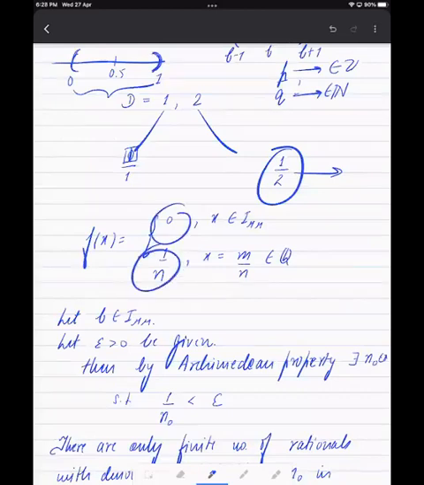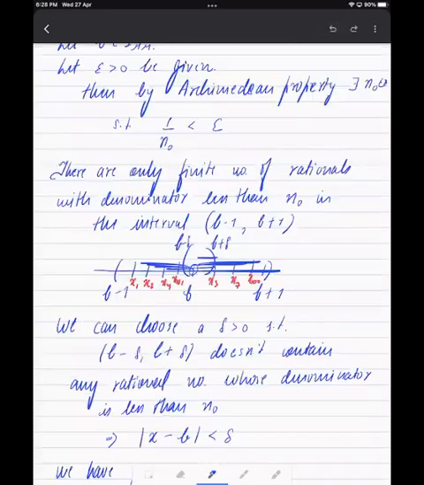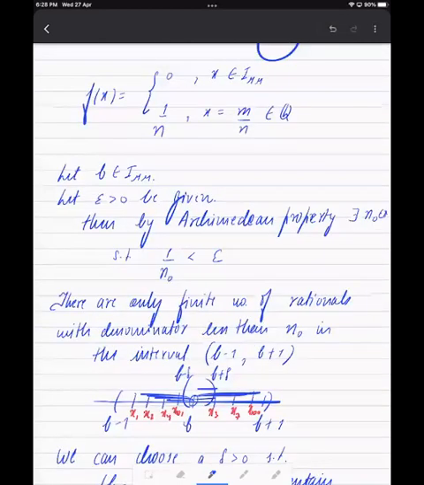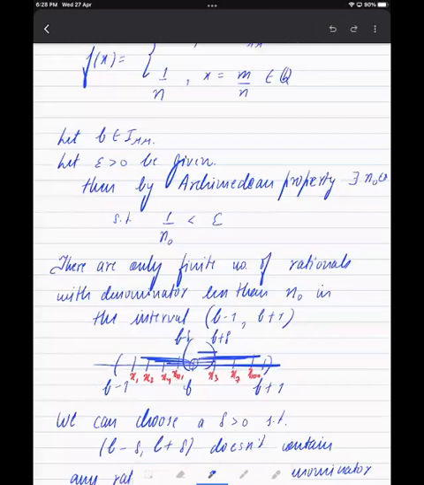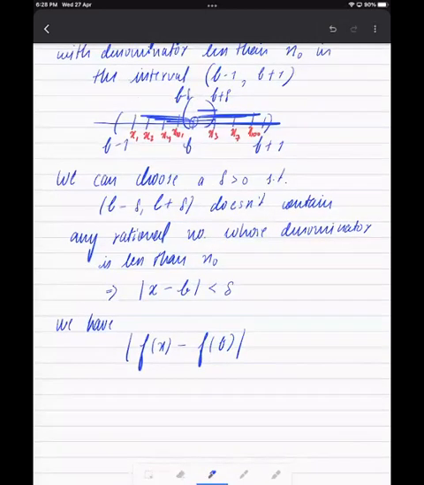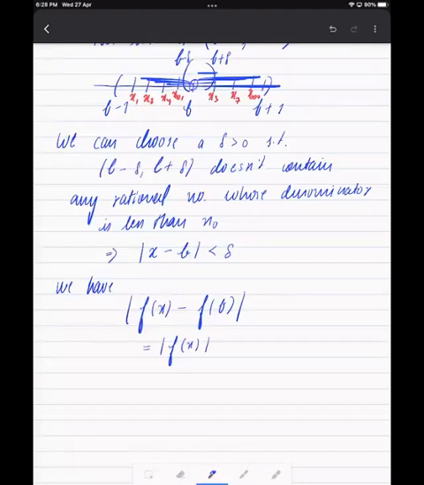I don't know about x, but I know about b: f of b is 0. So this is nothing but mod f of x, which is less than or equal to 1 by n naught. This is less than epsilon.